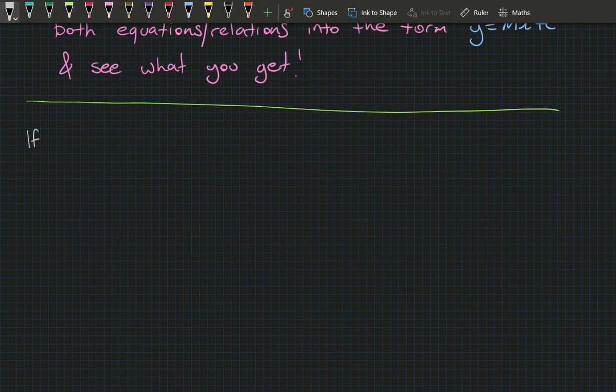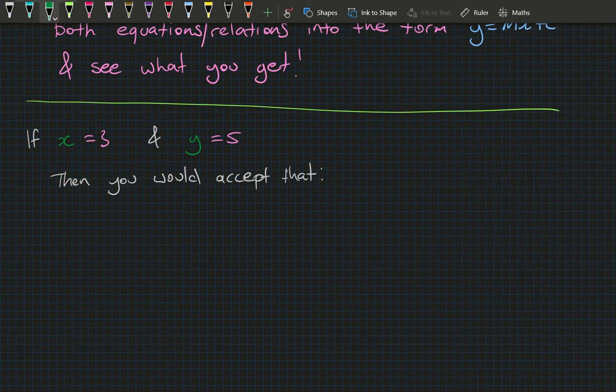Now if I told you I had a variable x and it was equal to 3, and I had another variable y that was equal to 5, then I'm guessing you'd have no problem saying x plus y equals 5, or x minus y equals minus 2.